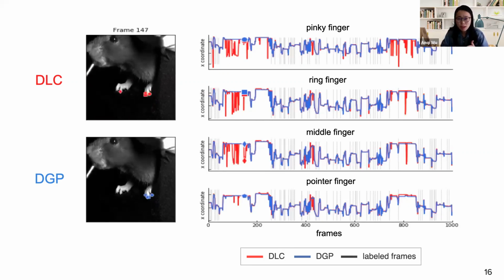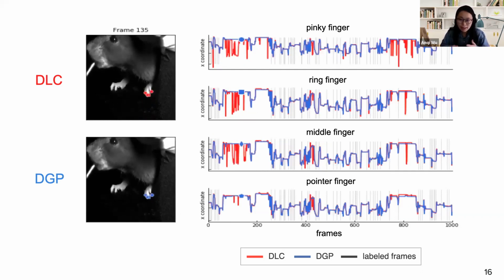This figure shows that there are particular segments in the video, for example, between frames 50 to 150 and frames 450 to 470, where many of the errors in DLC are concentrated. And to overcome these errors, one might think we can always add some more label frames or label training data.